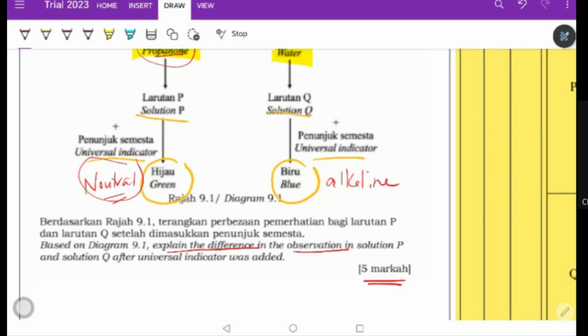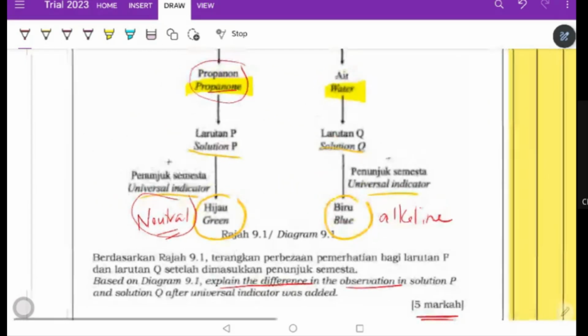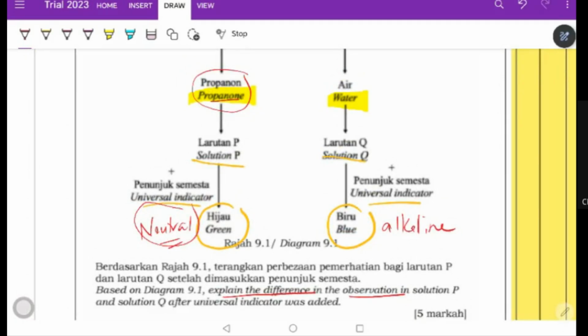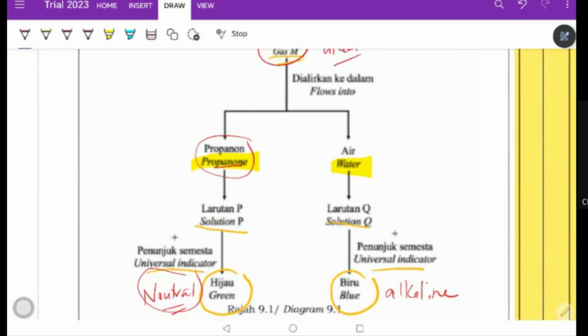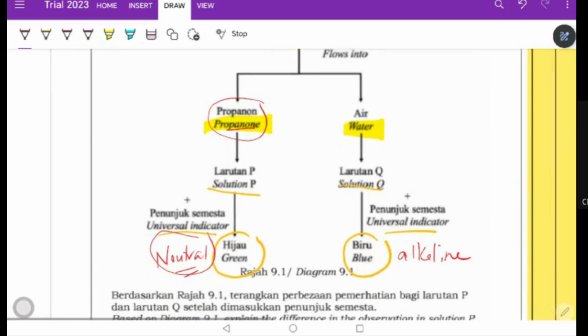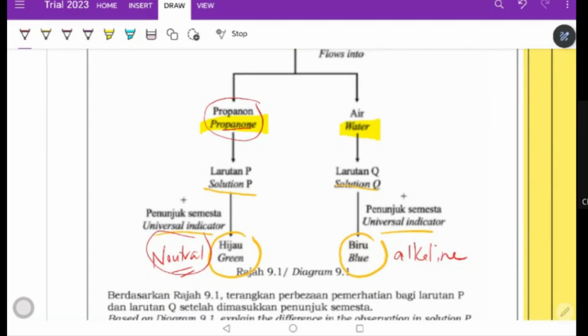Does it say there is acid? No. Here is not related to acid, no? Some students say maybe, oh, this is alkali, they add acid, neutral, right? But here it doesn't mention any acid. It's only mentioned the propanol.